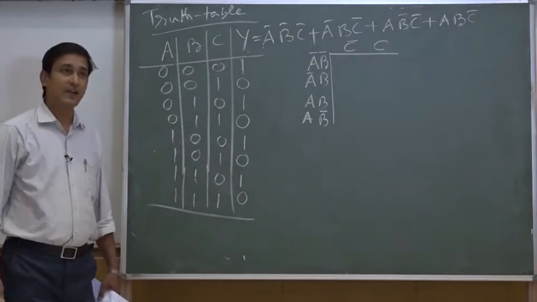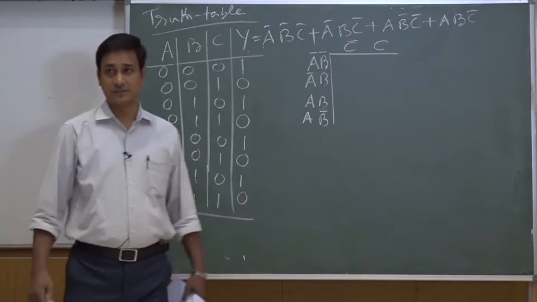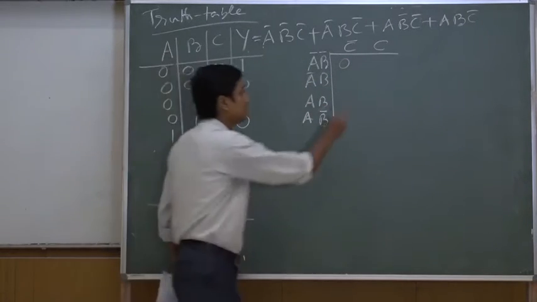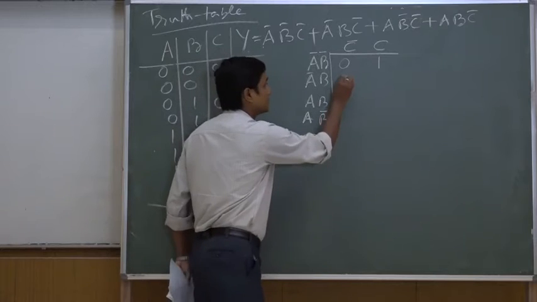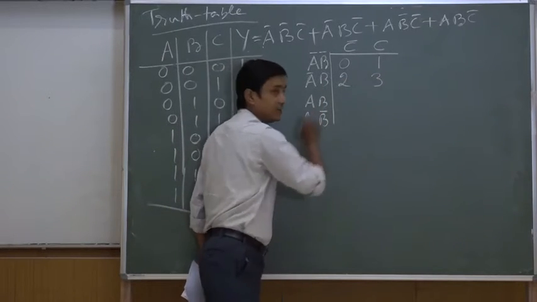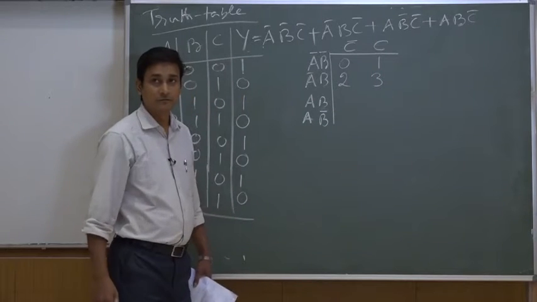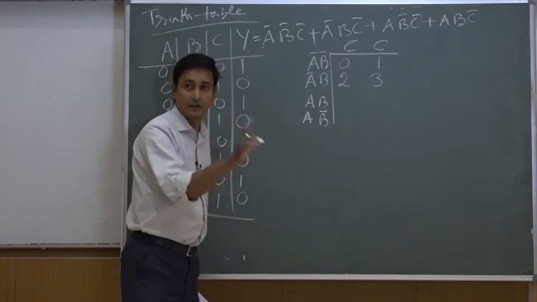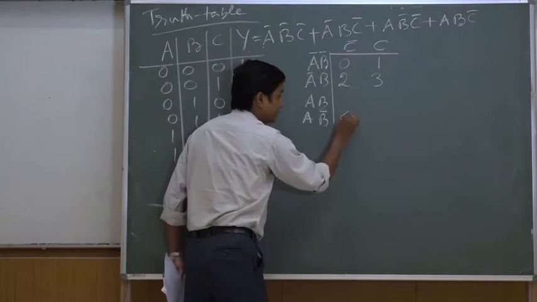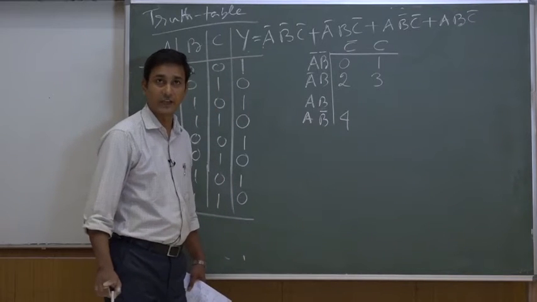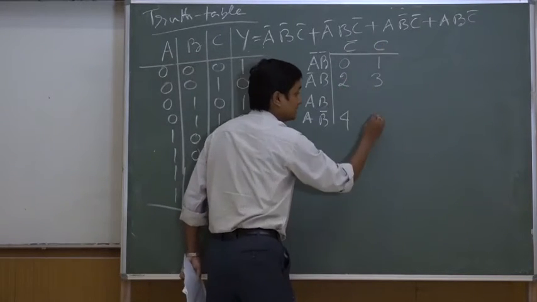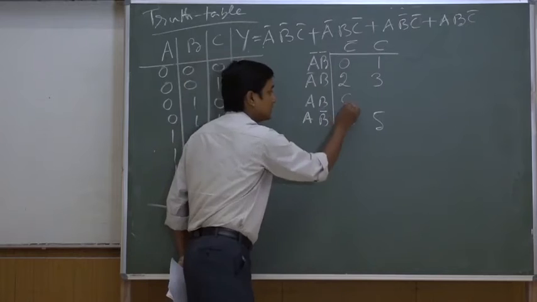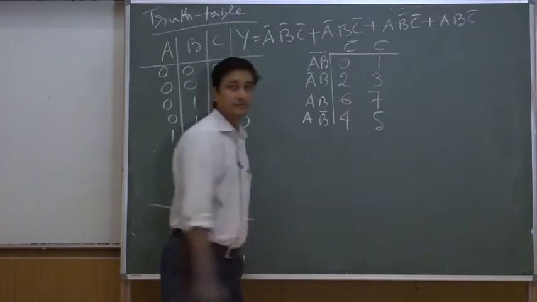Now, please name the min terms. Who is 0? 0, 1, 1 here. Is it 2? 2, 3. Is it 4? 1, 1, 0. Is it 4? Never. 1, 0, 0, that is 4. Then 1, 0, 1, that is 5. Now 1, 1, 0, that is 6, then 7.